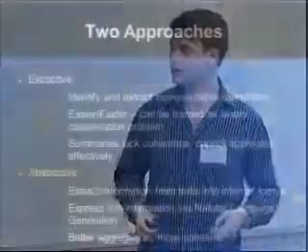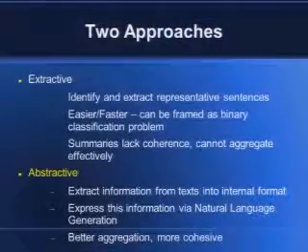But the problem is that the summaries can lack coherence, and it's difficult to aggregate information effectively. So the approach we take in this pipeline is abstractive summarization, which is where we first extract information into an internal format, and then we use natural language generation to generate new sentences expressing that information in a cohesive form. So in this way, we can get better aggregation and more coherence.